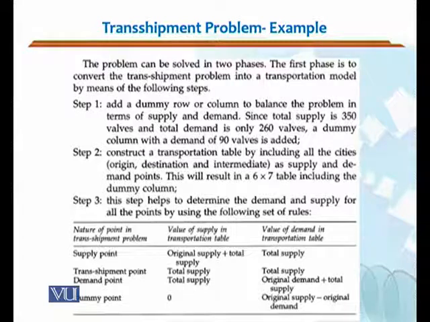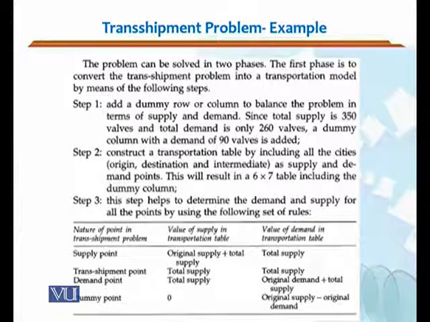We know the total supply from cities A and B is 350, given in the statement. And the total demand at cities C and D is only 260 valves. So we need to add the column with the demand of 90 valves for balancing the problem.